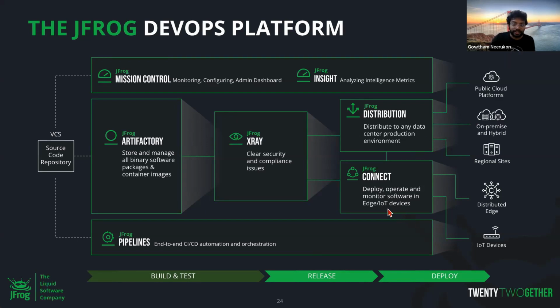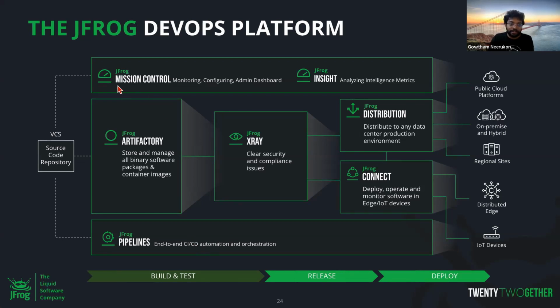We have a solution called JFrog Connect that can deliver software updates to your IoT devices, especially running on the Linux operating system. We have a CI/CD orchestration tool called JFrog Pipelines that can be a good alternative for your existing traditional CI tool like Jenkins, for example, with completely YAML-based configuration, and it supports static and dynamic node pools.